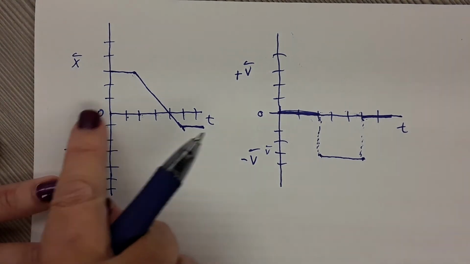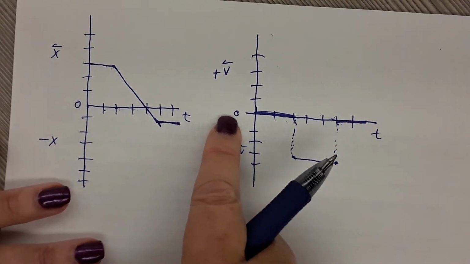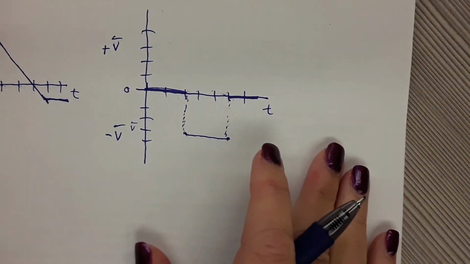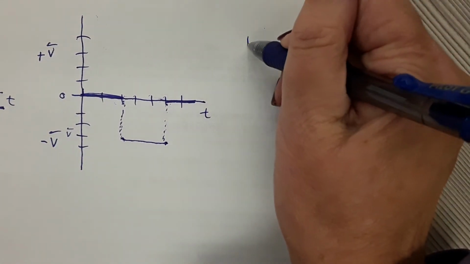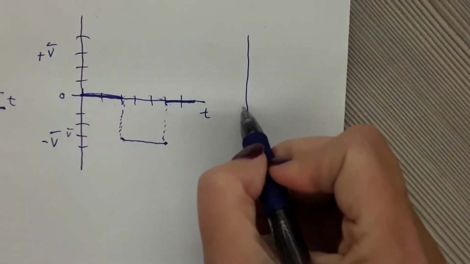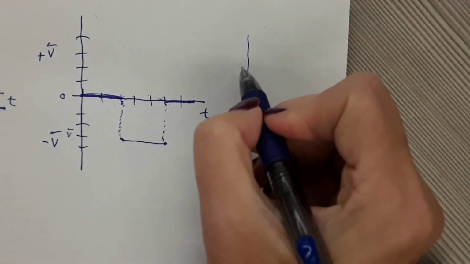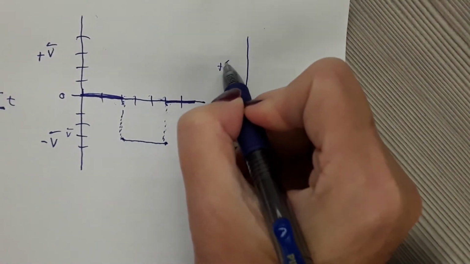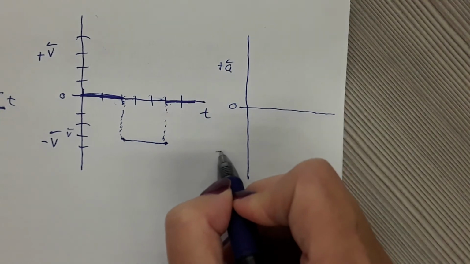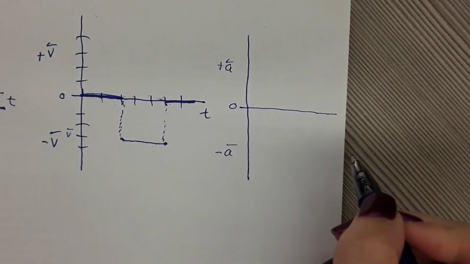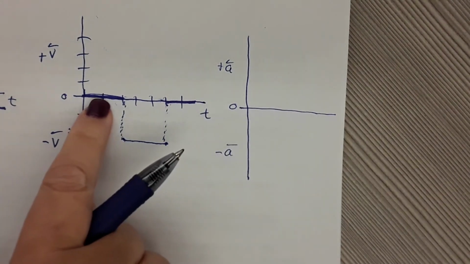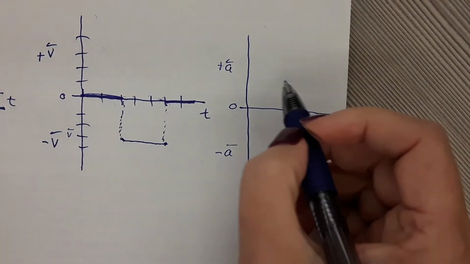You can go from position to velocity. You can also go from velocity to acceleration. If we come over here and look at an acceleration one, this particular one is not going to be very much, because here you were at rest, here you're at constant velocity.